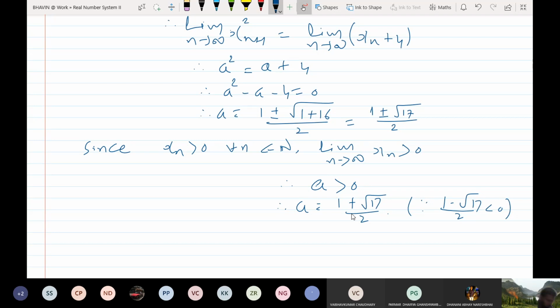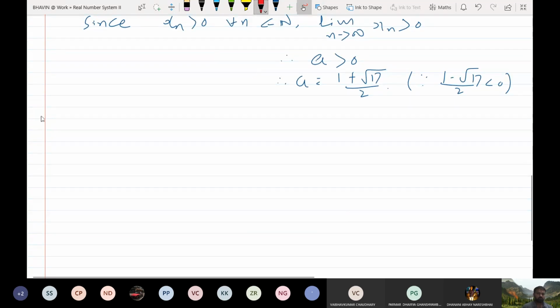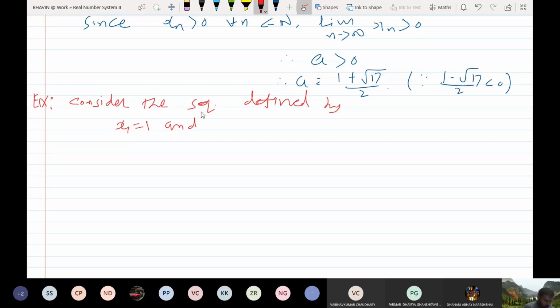Now let me take another example. Consider the sequence defined by x1 is equal to 1 and xn plus 1 is equal to xn square plus 3 upon 2xn, for n greater than or equal to 1.